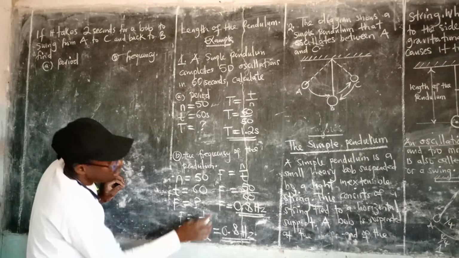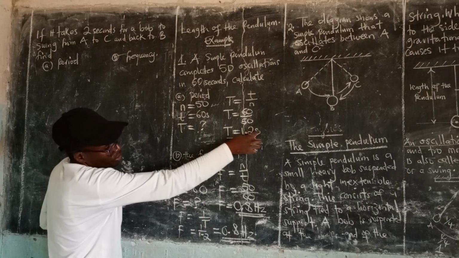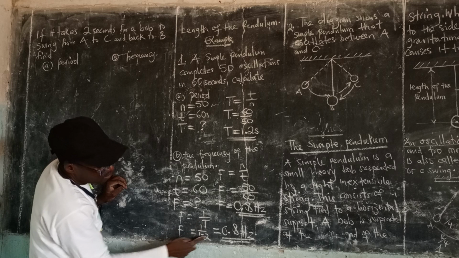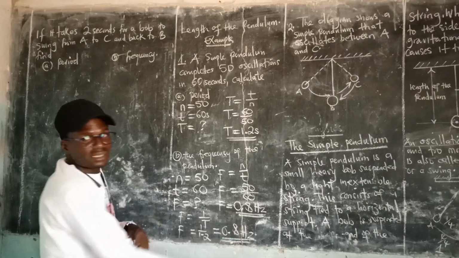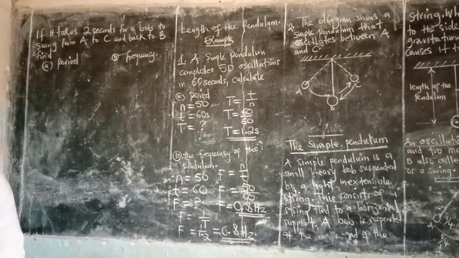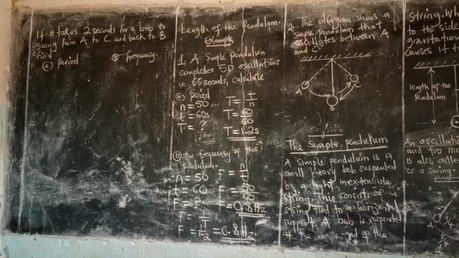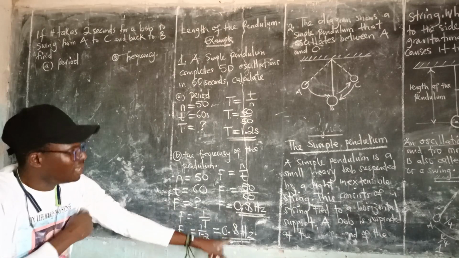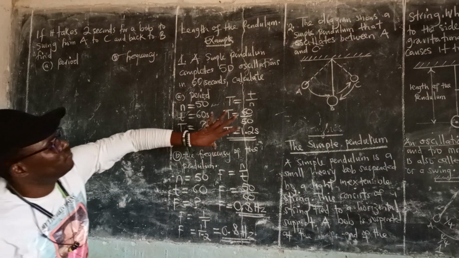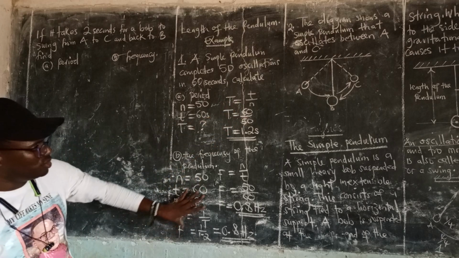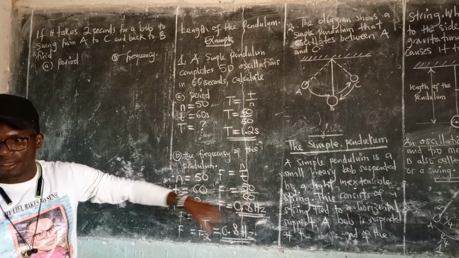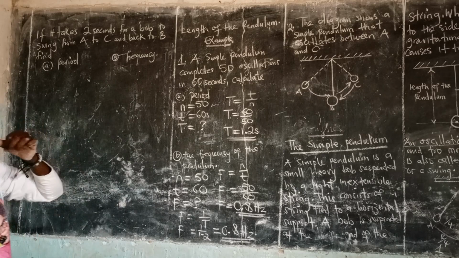Which means 1 over, what is our period? 1.2. When you divide 1 by 1.2, the answer is 0.8. It's the same answer, isn't it? So it's the same formula. You can use either one, as long as you have this. But sometimes if you don't have this, that's when you can use this formula here. We are good? Yes. Okay.